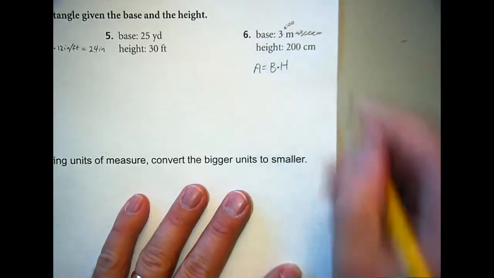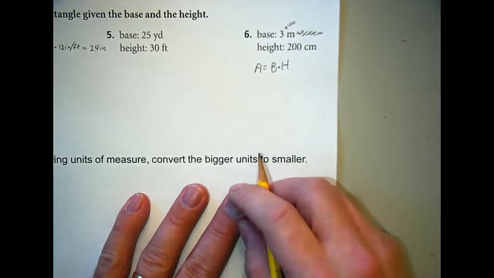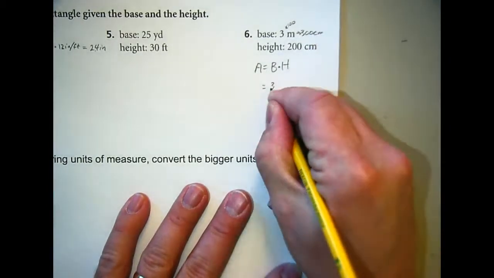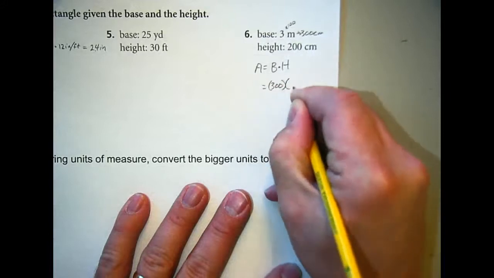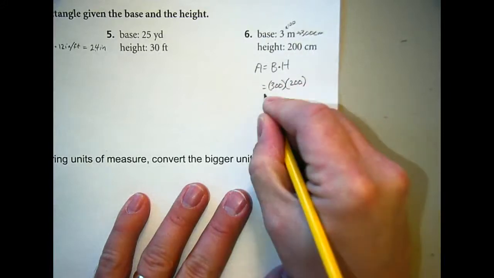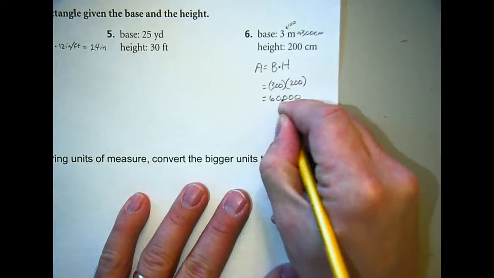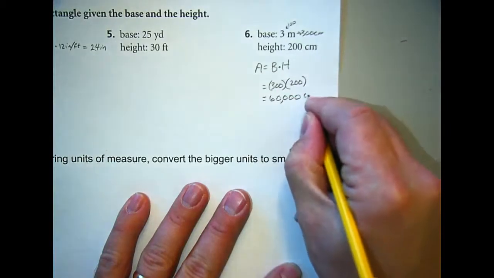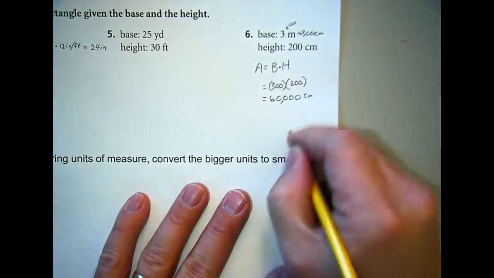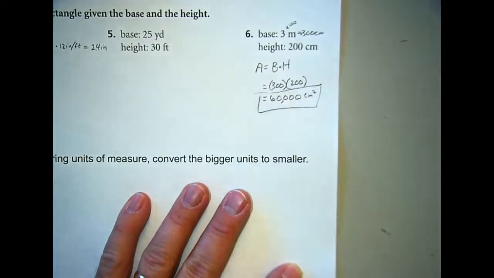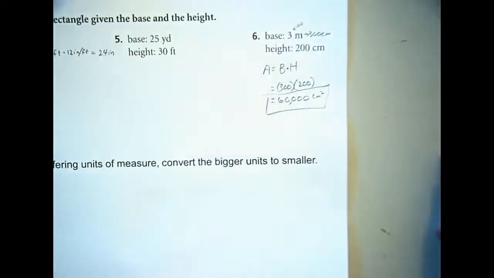They're worth the same value. It's like 4 quarters equaling $1. Okay, same value. So if I put my base in as 300, I put my height in as 200. 3 times 2 is 6 with 4 zeros. 60,000 centimeters squared. Is that what you got, Julie?